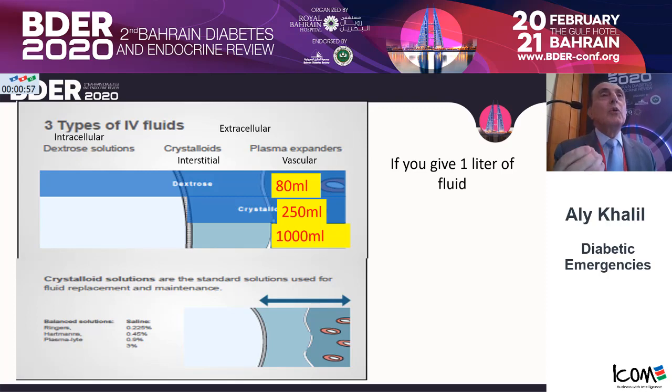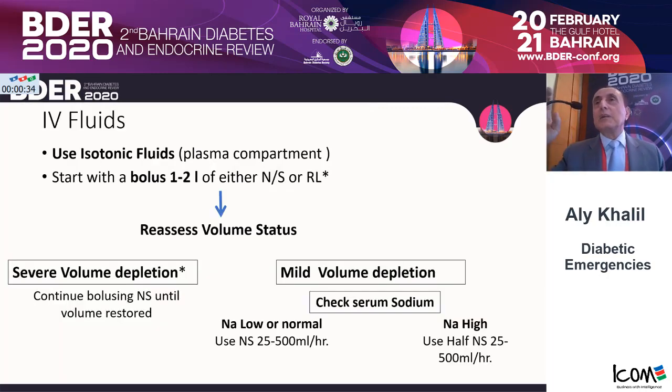If you give 1 liter of normal saline, a 4-fold higher amount will stay in the extracellular compartment, 250 milliliters. Whereas if you give 1 liter of plasma expanders, the whole liter stays. That's why when you have someone hypotensive, who lost blood, we give them fresh frozen plasma, we give them blood. So the best solutions are isotonic solutions, normal saline or Ringer lactate.